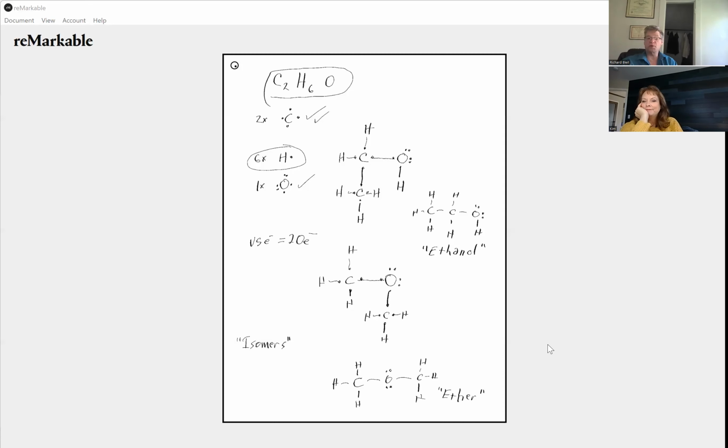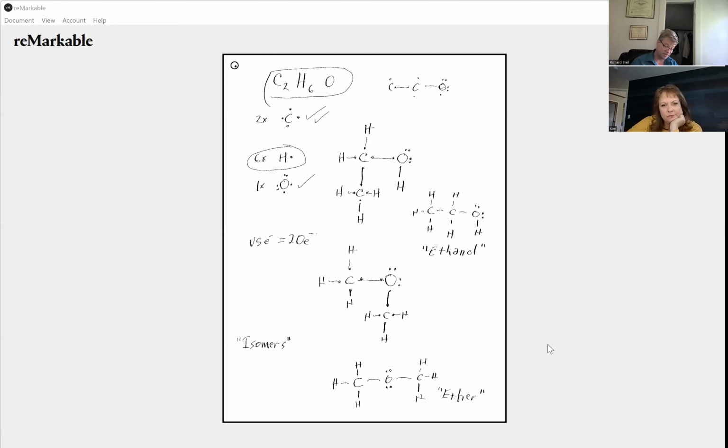And by the way, before we do that, I want to make a little side note here. When we added the second carbon, you suggested we add it to the first carbon. I put it on the bottom. I want you to notice something here.